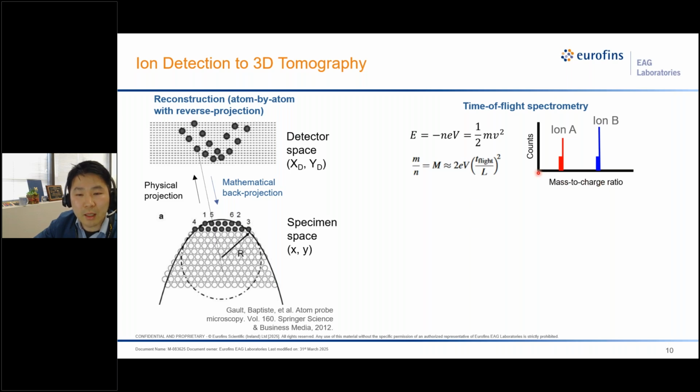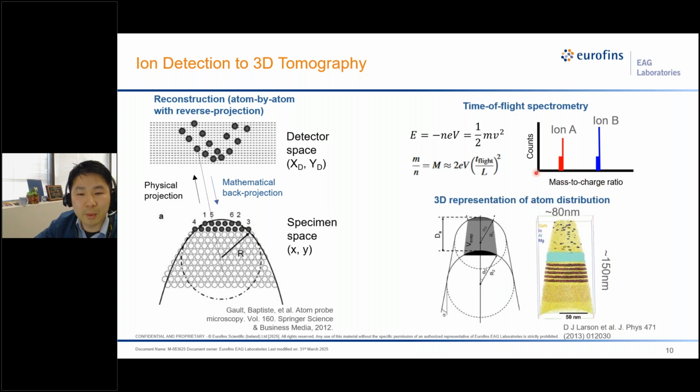So combining the ion identity with their relative position in the specimen, we obtain atom probe data for elemental distribution. And atom probe is a destructive analysis, where specimens are actually consumed during the analysis. Like the top one is the initial tip, the apex of the tip, and we consume a certain amount of material from the core of the specimen, ending up with a larger radius tip.